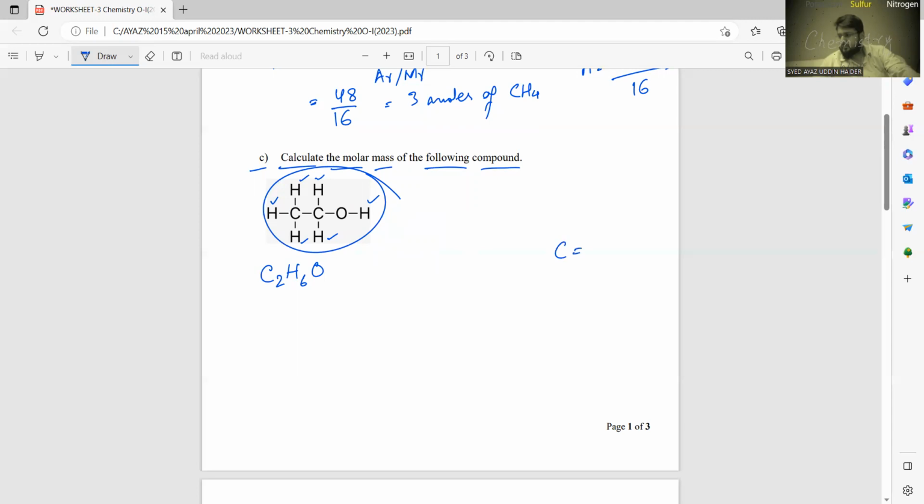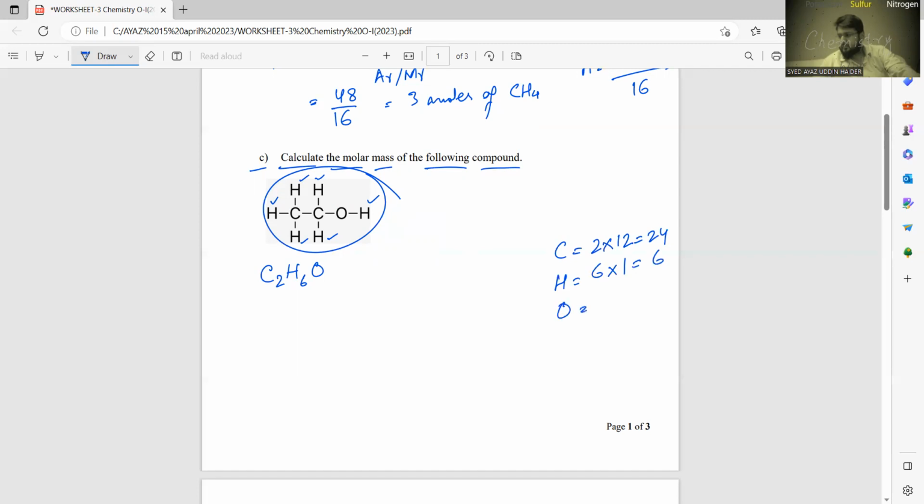AR of carbon is 12. We have 2 atoms of carbon, so we will multiply 2 by 12. We will get 24. Hydrogen, we know that AR of hydrogen is 1 and there are 6 hydrogen atoms, so we will multiply 6 by 1. We will get 6 as the answer.